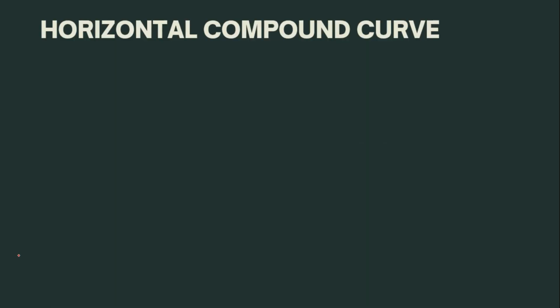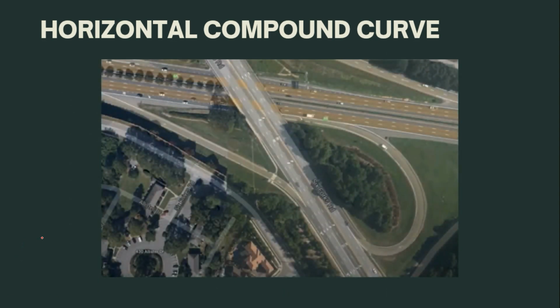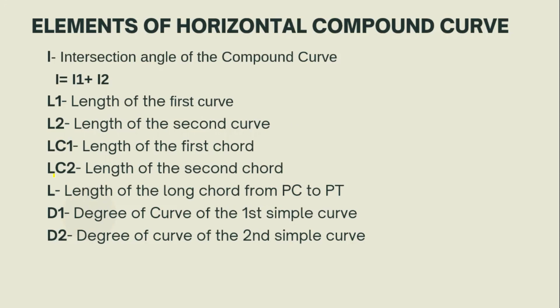So an example of a compound curve is this picture. This is an example of a freeway exit. Again, this is a combination of two simple curves, just like this one here. What you can see, this is the first simple curve and this is the second simple curve. Moving on, these are the elements that we need in order to compute and design a compound curve.